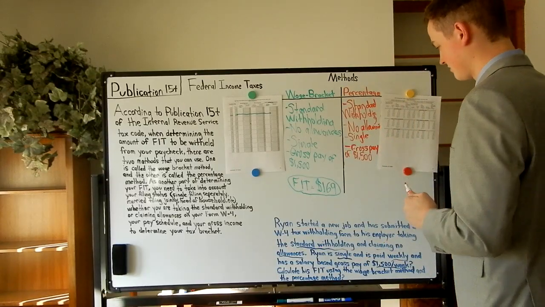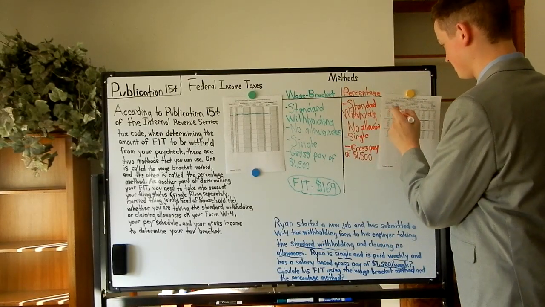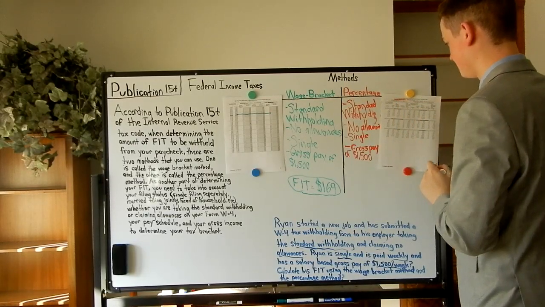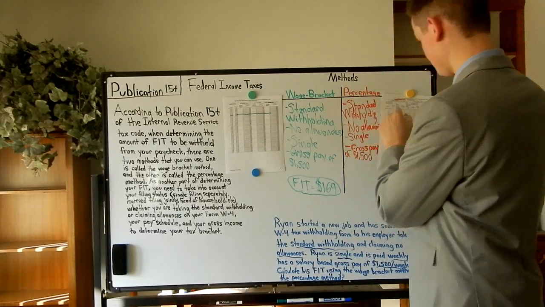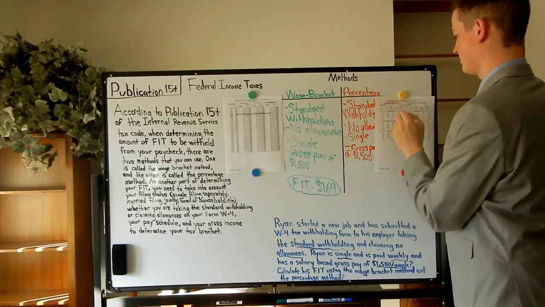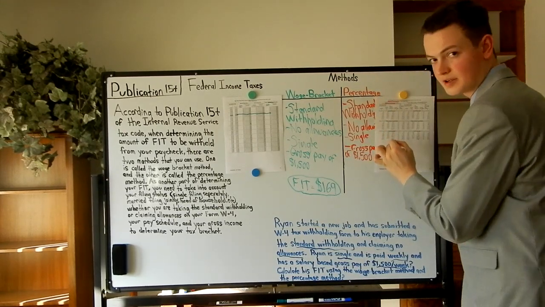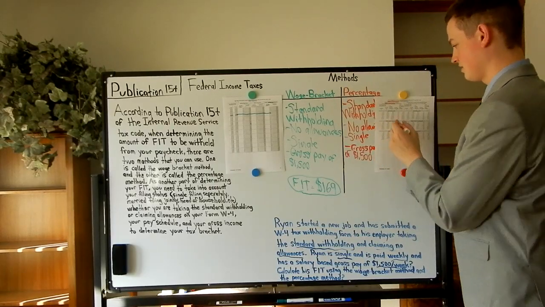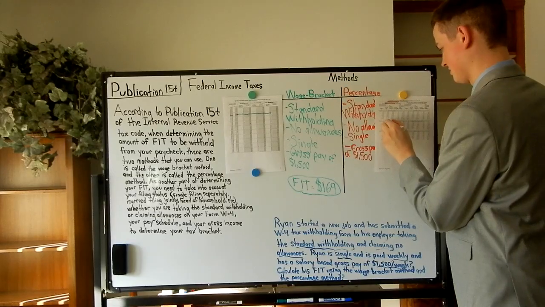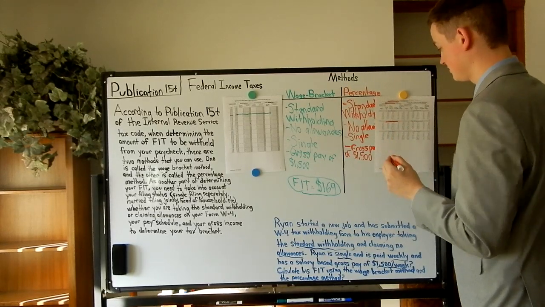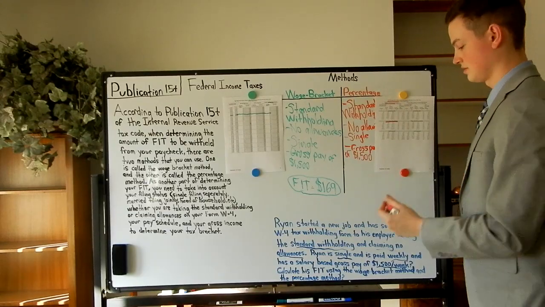So, starting off, we have our 2025 percentage method table data right here. And then, again, standard withholding, so we want this category right here. And then Ryan is single or married filing separately, in this case.